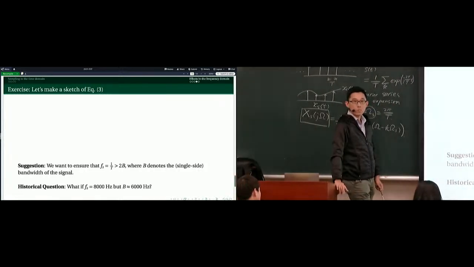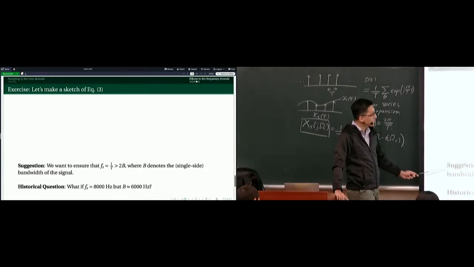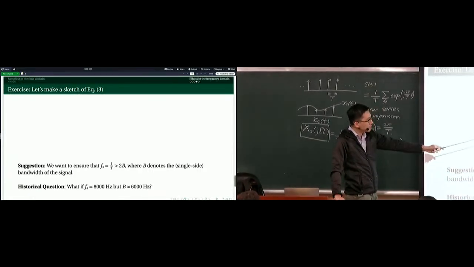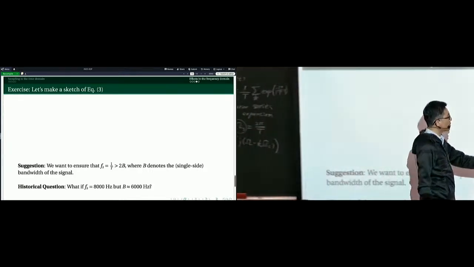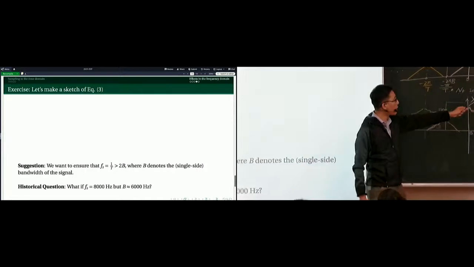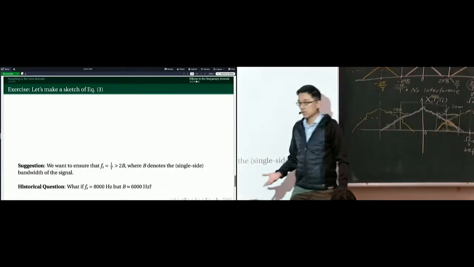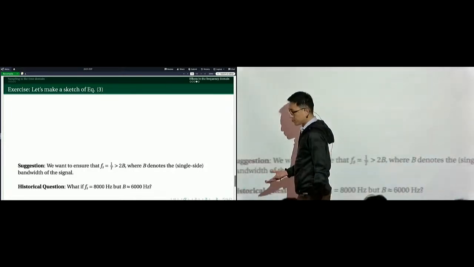If your bandwidth is 1 megahertz, you want to plan to use a sampling rate that is at least 2 times higher, say 2 megahertz, to ensure that after sampling, there will be no aliasing. We'll be in this situation where these triangles don't overlap, then we know we are still good.